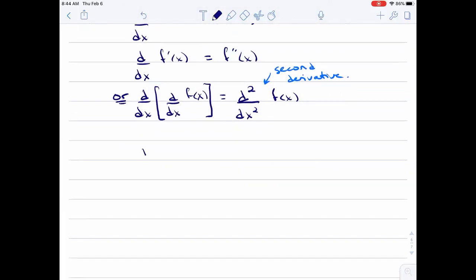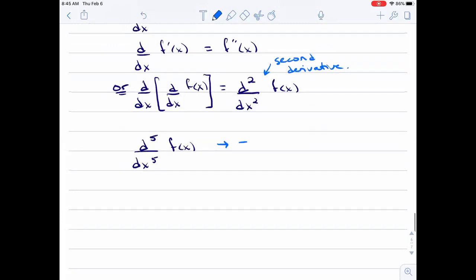Again, if we've got d to the 5 over dx to the 5 of f of x, that's the fifth derivative of f of x.